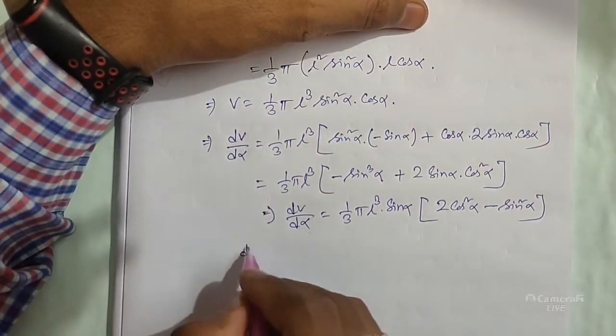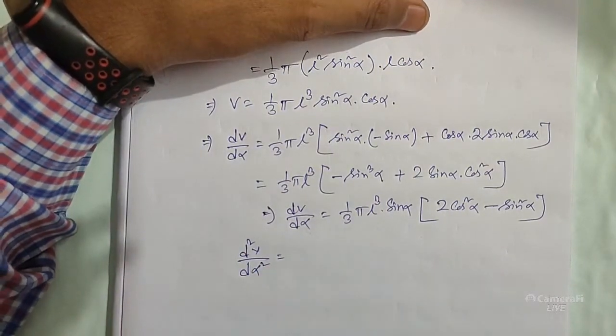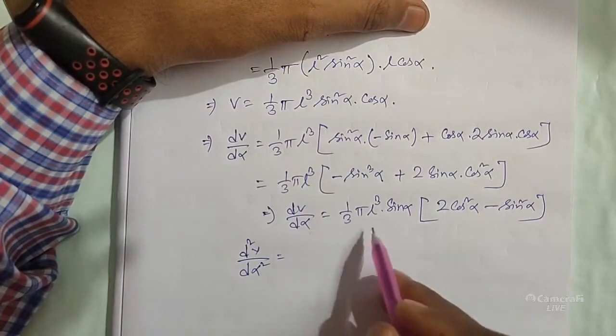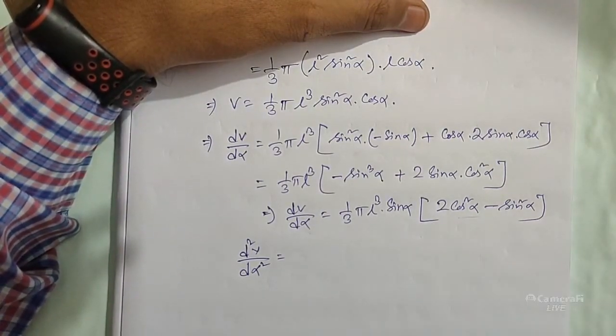Again if we differentiate, d2V by d alpha 2 is equals to, so here again two functions, this is one function, this is another function, product rule we can apply.